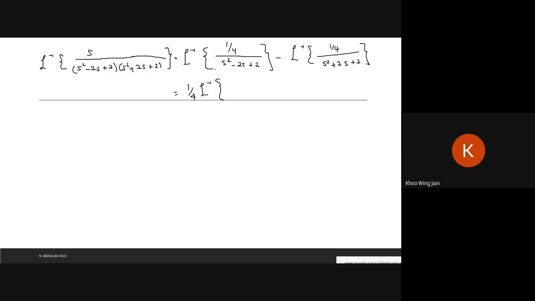S minus 1 square. So you have a one over S minus 1 square, and then plus 1, plus 1, minus 1/4.